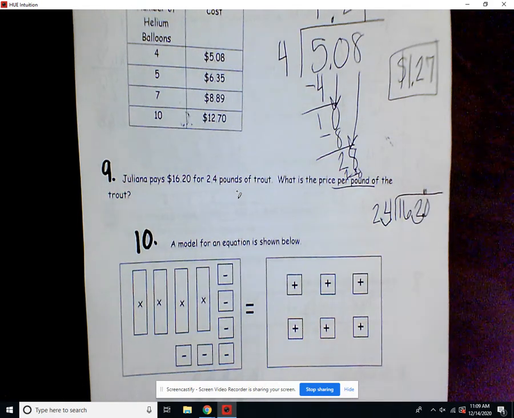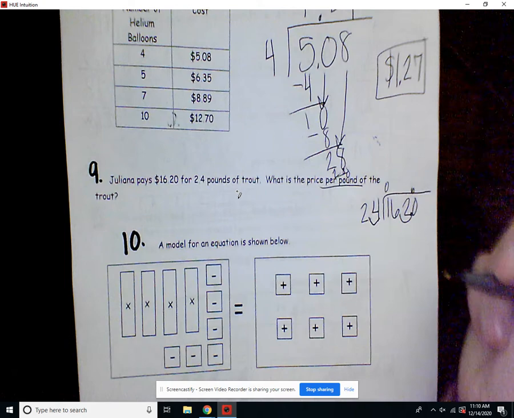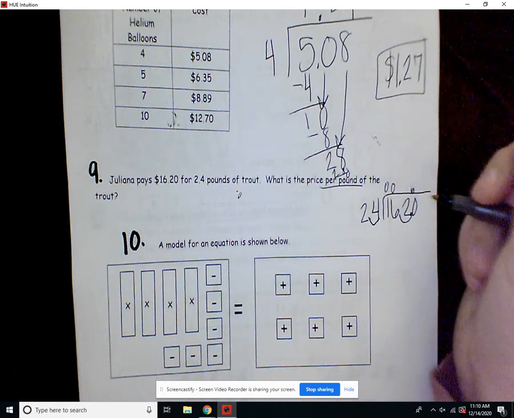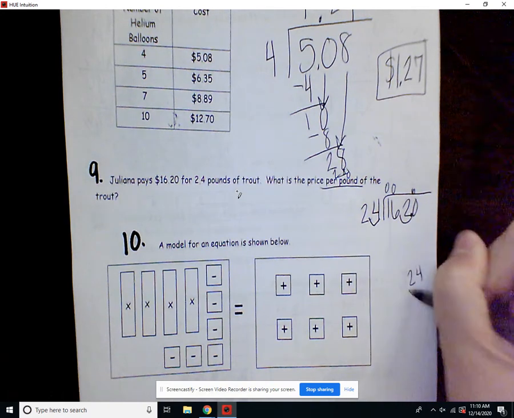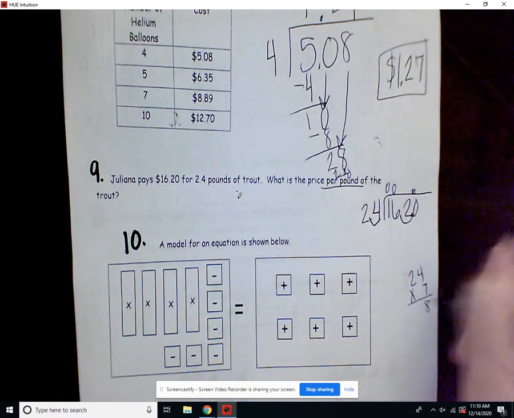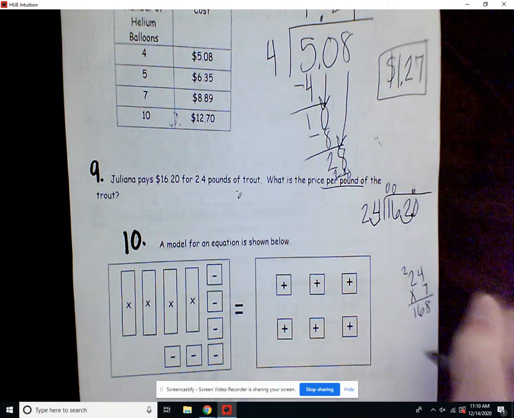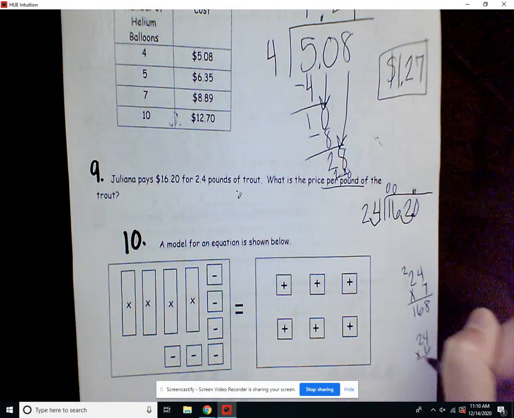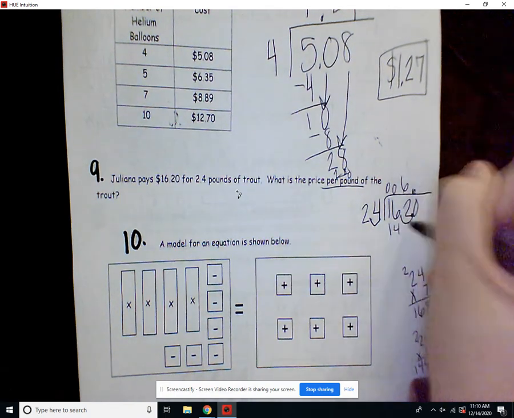So now we have 24 into 162. 24 cannot go into 1. It can't go into 16, but it can go into 162. It's going to go in there 6 times, which is 144.